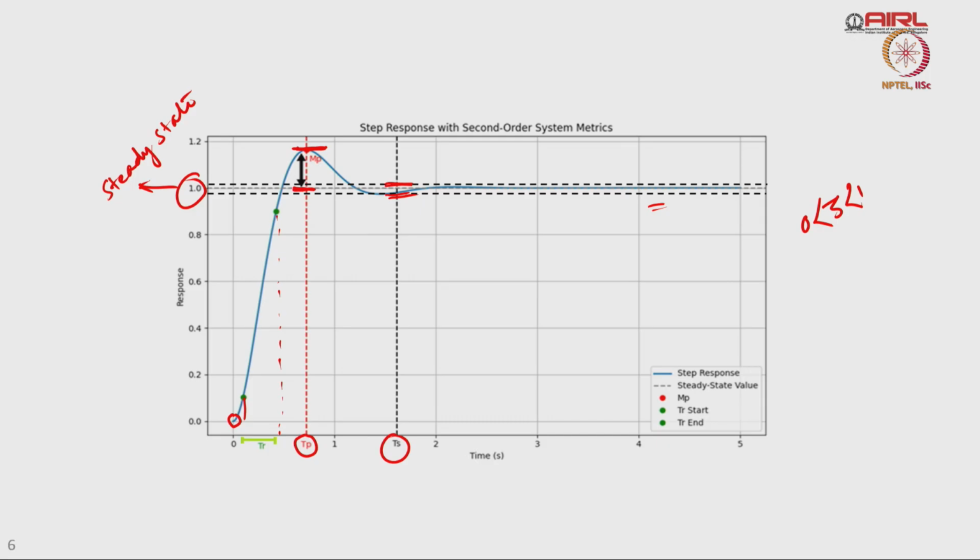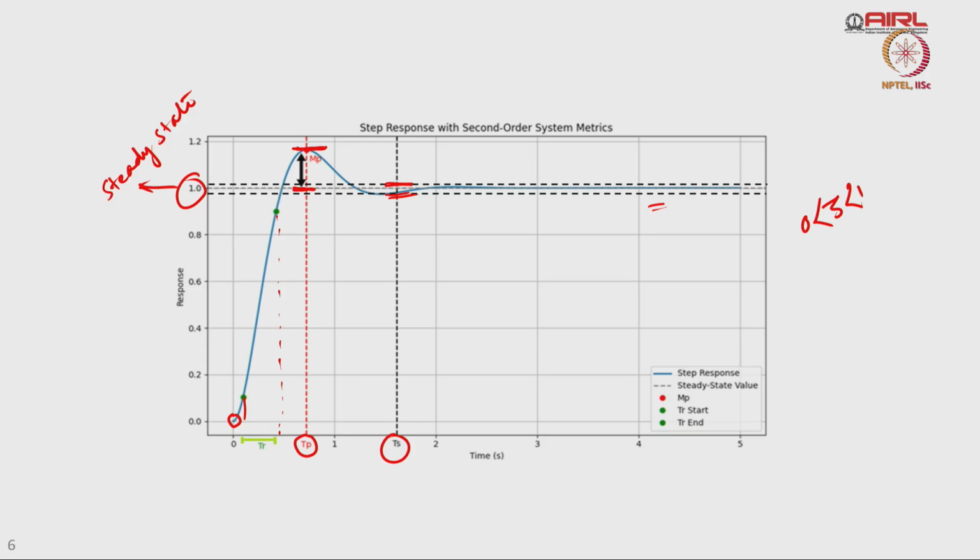So the ideal system performance will have overshoot as minimum as possible, and rise time should be less. If the overshoot is not desirable, then there is no question of peak time also, and we also want the settling time to be as small as possible, so that the system responds faster and comes down to the steady state value as soon as possible. So, this was the brief outline of the idea in the transient response chapter.